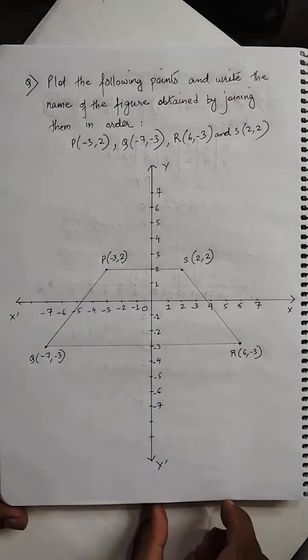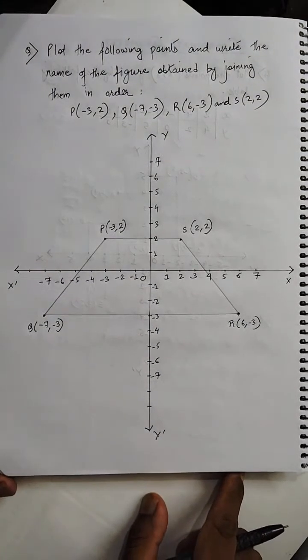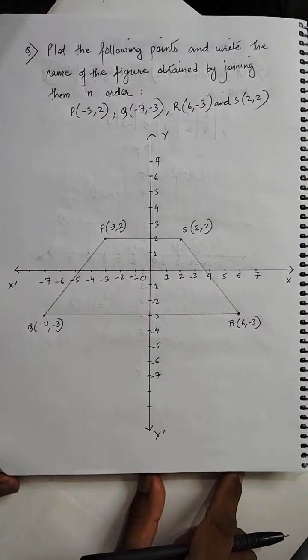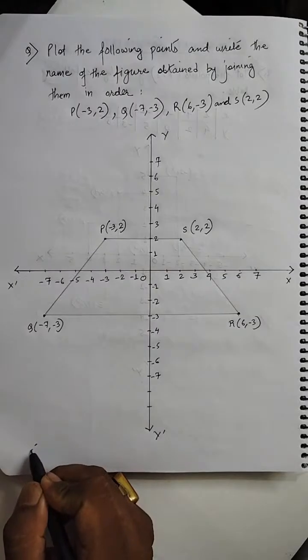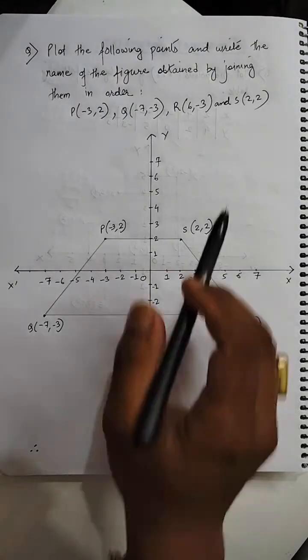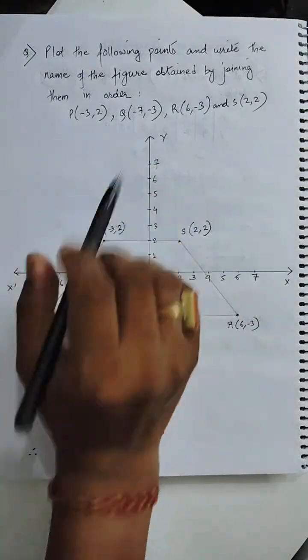So we will conclude this question by writing. Is it visible? Yes. I shall write here, I will take some little space. Therefore, write the name of the figure obtained by joining them.